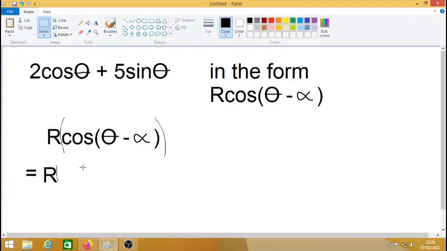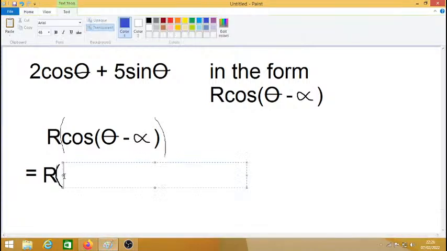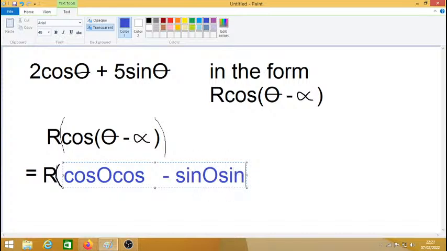So how does that go? With a's and b's, it's cos a cos b minus sine a sine b. We saw that a second ago. So let's try that here with the theta and the alpha. It would be cos theta cos alpha minus sine theta sine alpha.